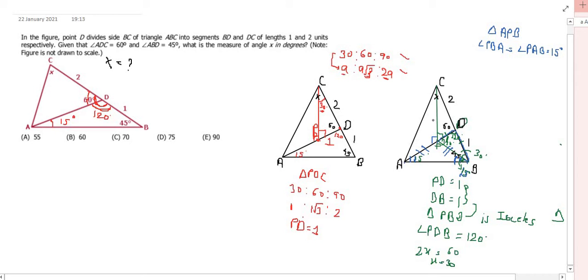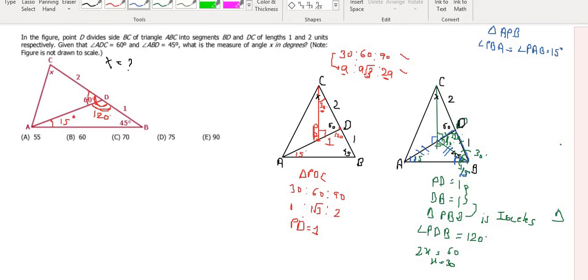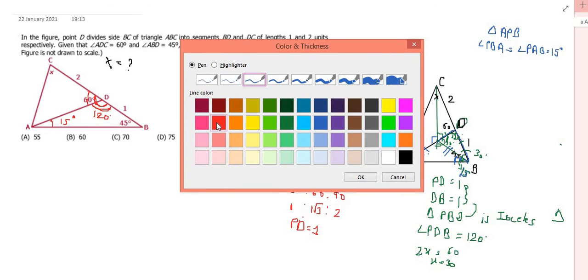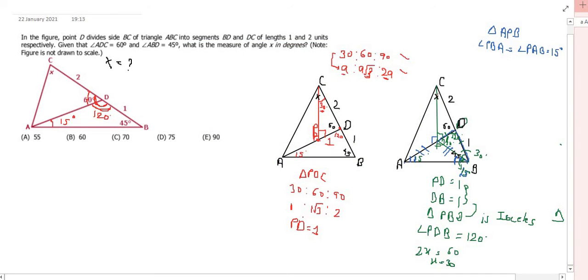Now again look at another triangle, because there are so many twists and turns going on here. Let me change the color. Okay, so now let's have a look at triangle CPB. This is your triangle CPB.